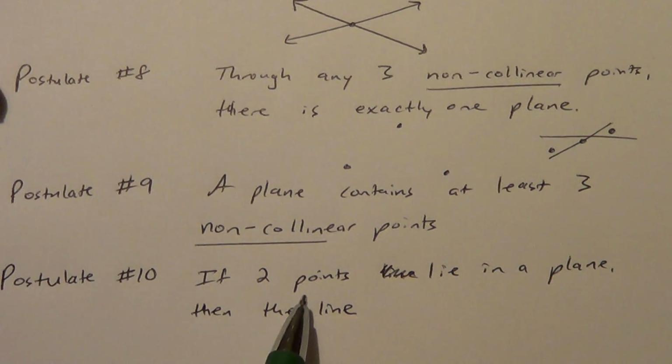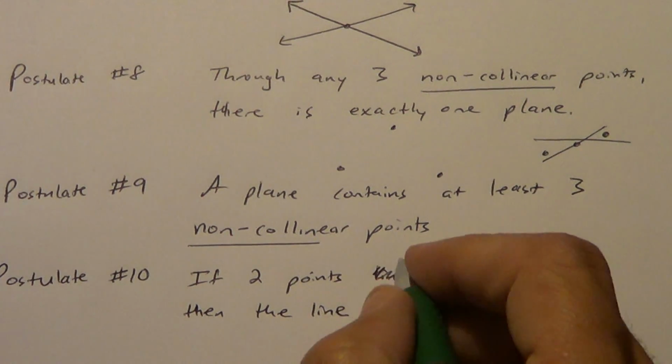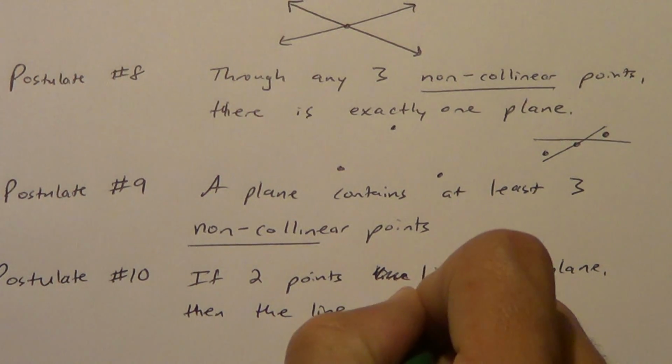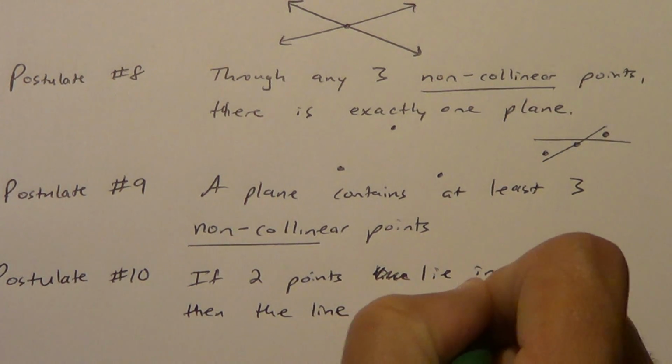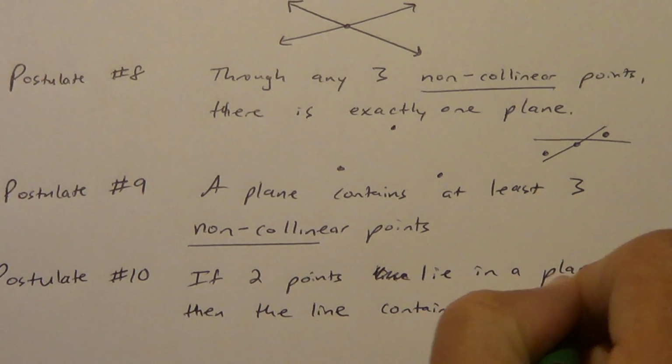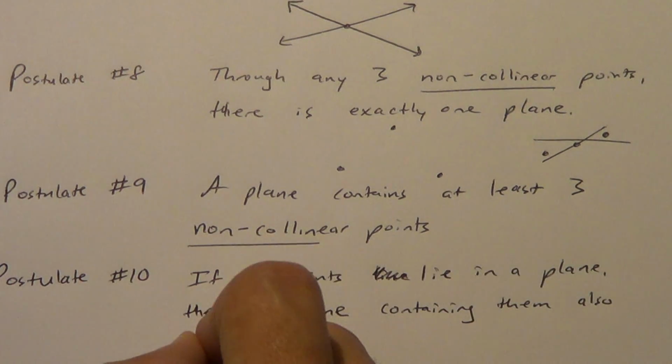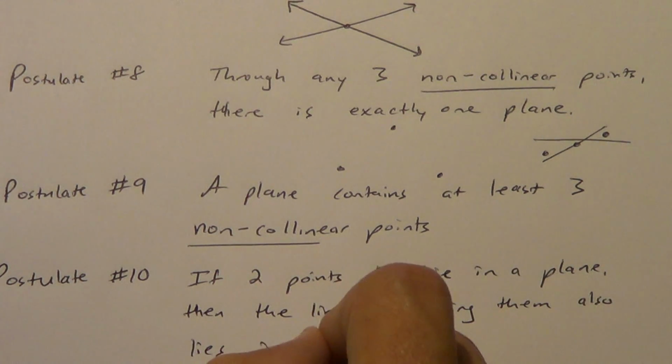So I have these 2 points, so there's a line connecting them. Then the line containing them, or you could say connecting them, also lies in the plane.